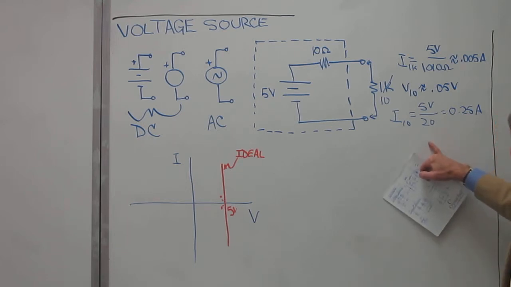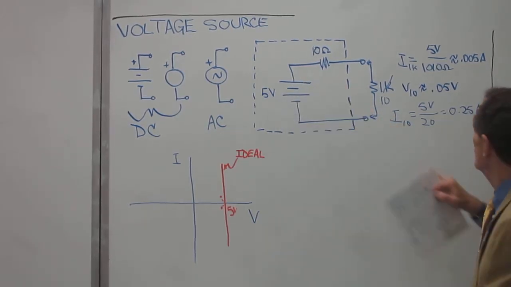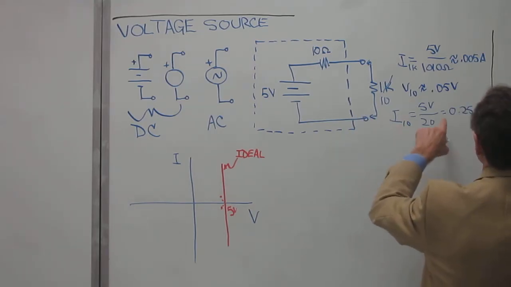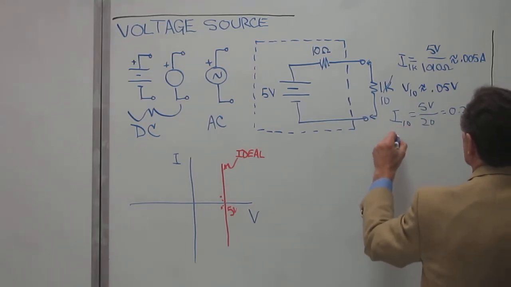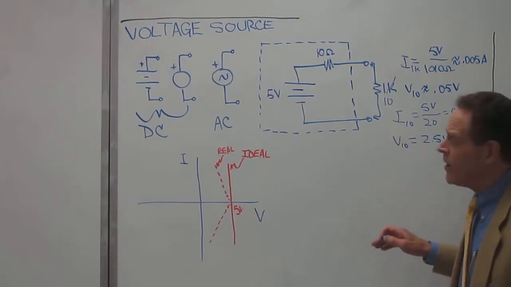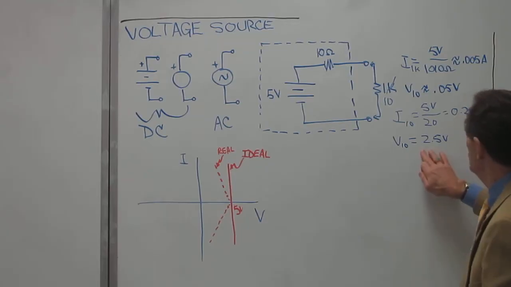So now we're getting some significant voltage here across this 10 ohm resistor. So now what is the V10? V10 will now equal 2.5 volts, because it's 10 times 0.25, 2.5 volts.